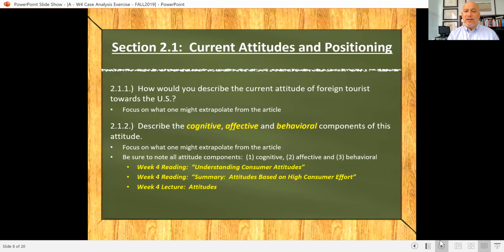Here, I want to encourage everyone, first of all, remember that attitudes were discussed in the week 4 lecture, and also in the week 4 readings on understanding consumer attitudes, and the week 4 reading on attitudes based on high consumer effort. That was a summary from a Hoyer text.